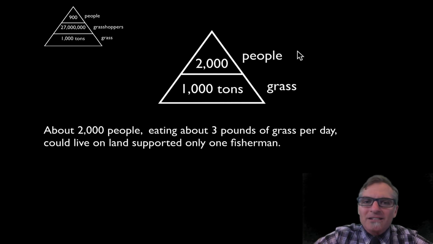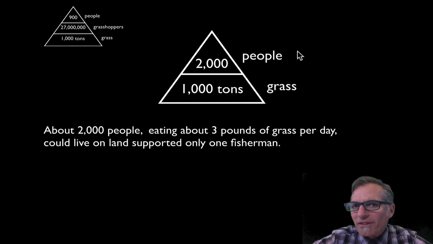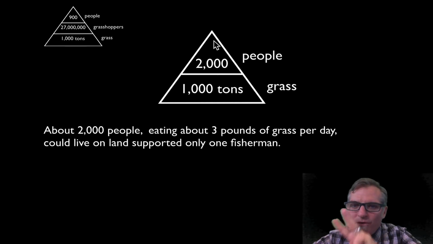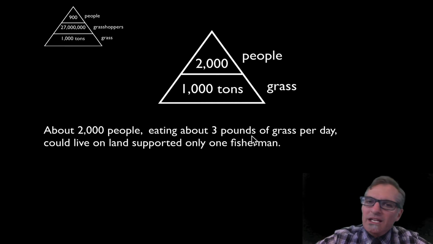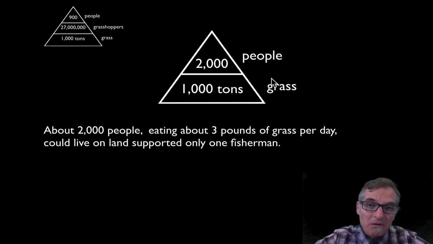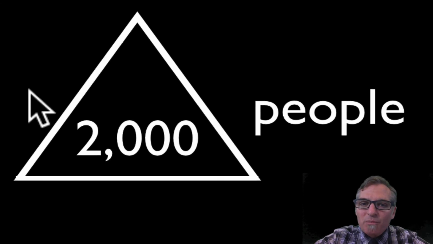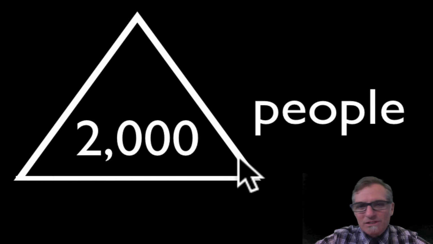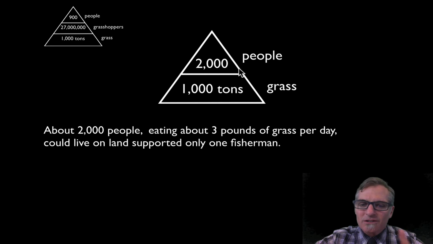You're like, I can't eat grass. I'm not a cow. Right, but think of rice as a grass. So now if we cut those three trophic levels out and we were to eat 3 pounds of rice a day, it's a lot of rice, you could support 2,000 humans versus just 1.